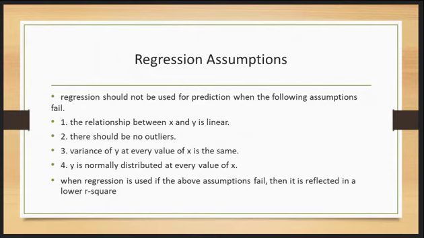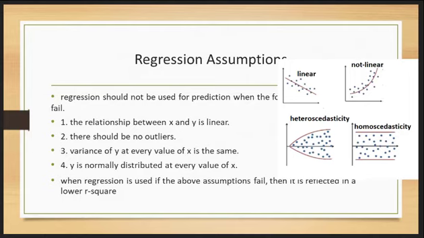And three, the variance of Y at every value of X is the same. And number four, Y is normally distributed at every value of X. If regression is used when the above assumptions fail, then it's reflected in a lower R square.